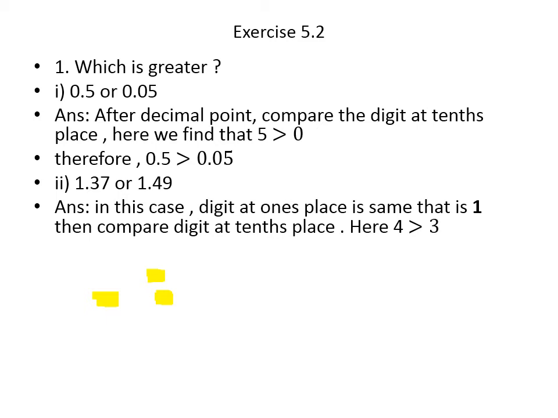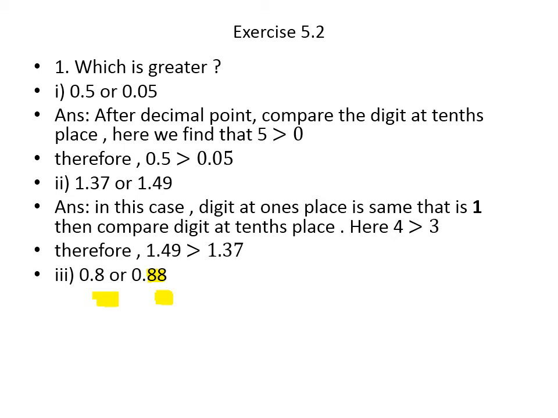In the first number the digit at the 10th place is 3, and the digit at the 10th place of the second number is 4. Therefore 4 is greater than 3. Therefore we can say 1.49 is greater than 1.37.